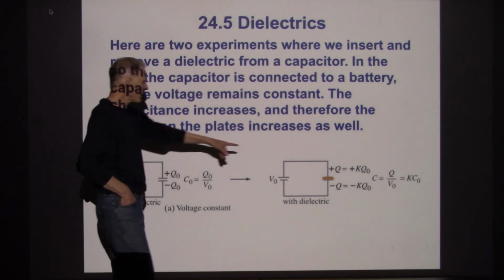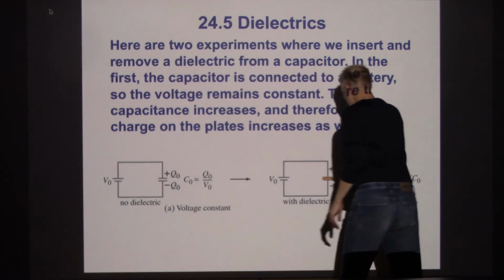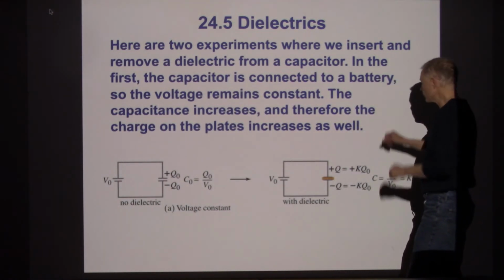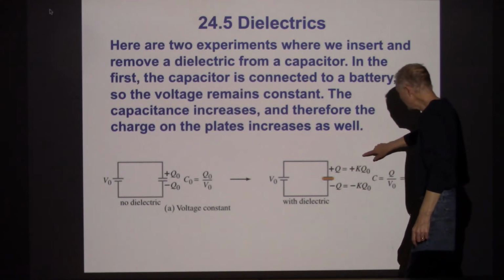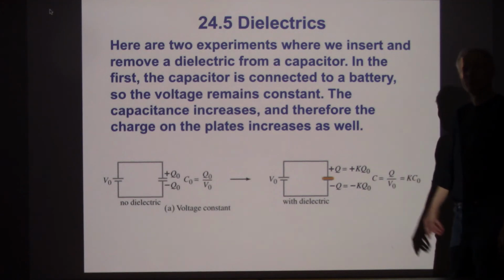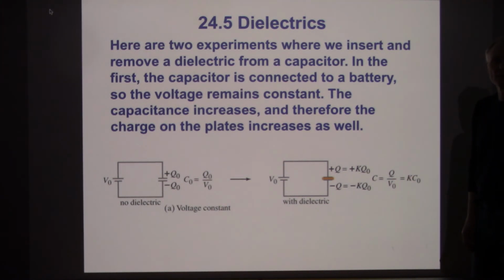Now, what happens if we put a piece of dielectric in here? Well, from what we were just talking about, the amount of charge on the plates can increase by a factor of whatever the dielectric constant is. And we can establish that just by doing a series of experiments.